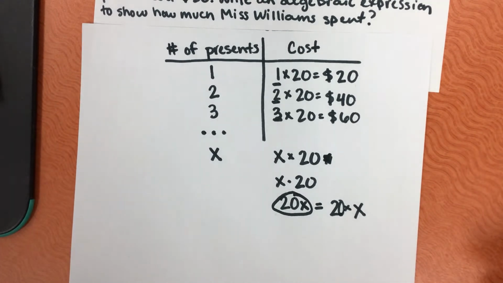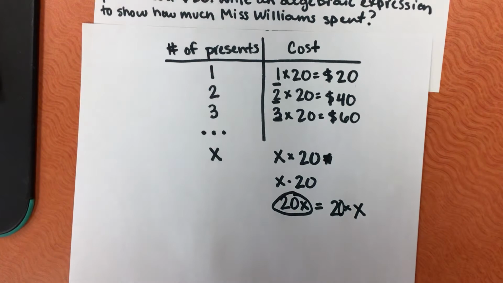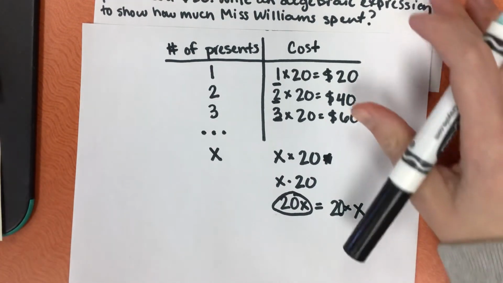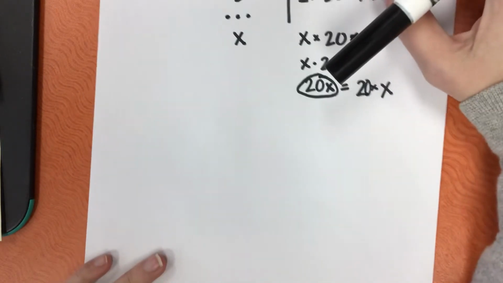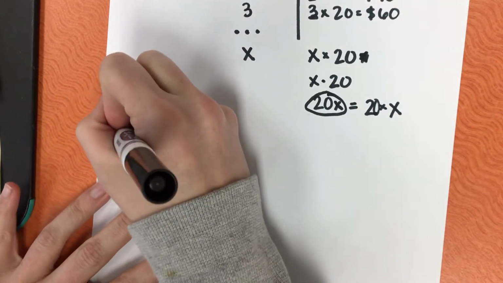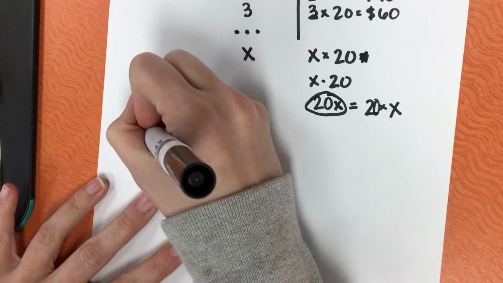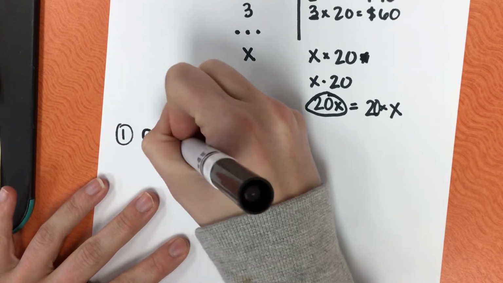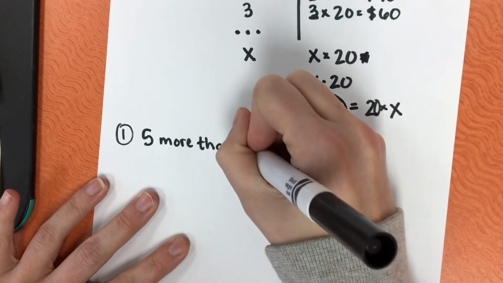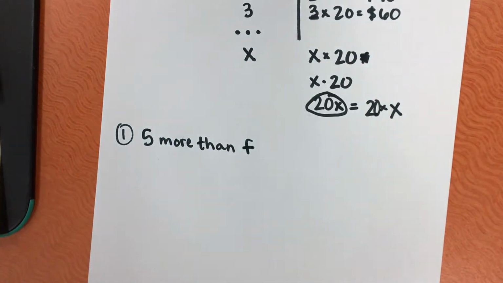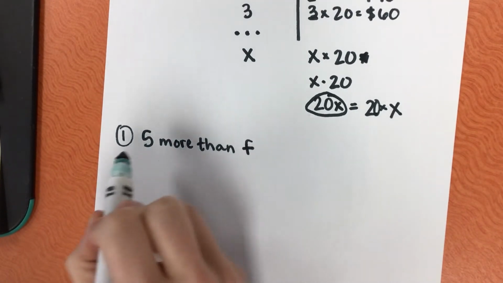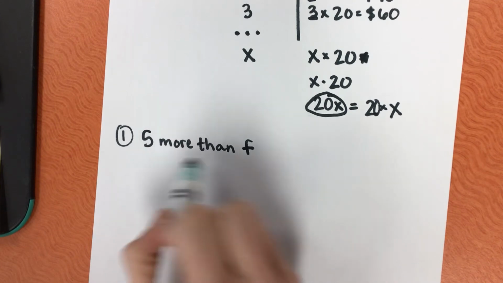Okay, let's do just a few more practice problems. I'm going to give some expressions in words, and we're going to try to write them as an algebraic expression. So we'll start with this first one, which is 5 more than f. So my variable is f, and my algebraic expression is 5 more than f.